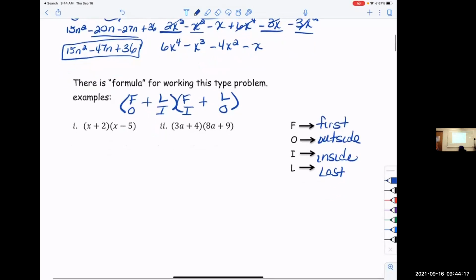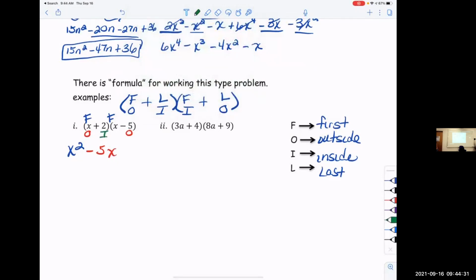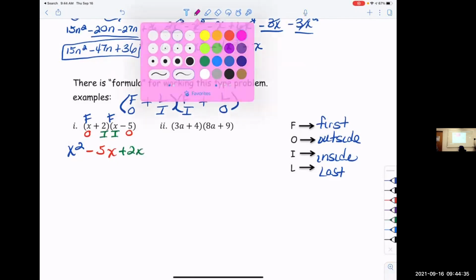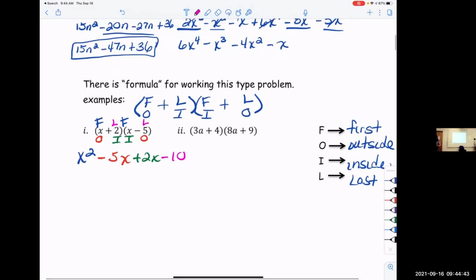All right, let me label them. First, x squared. Outside, negative 5x. Inside, positive 2x. And last, negative 10. Color coded for your visual enjoyment.